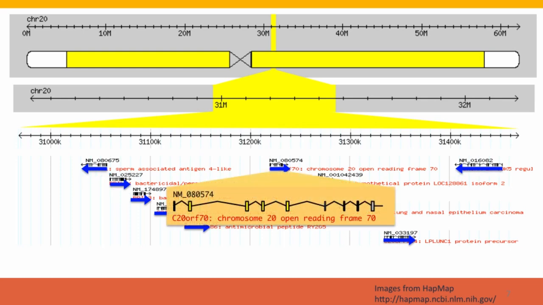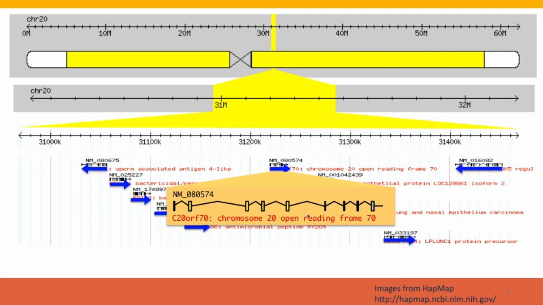Now, here's again blowing up a single gene. This is an open reading frame. It's a gene whose function isn't known. It doesn't have a specific name describing its function. It just has a number. Open reading frame number 70 on chromosome 20.